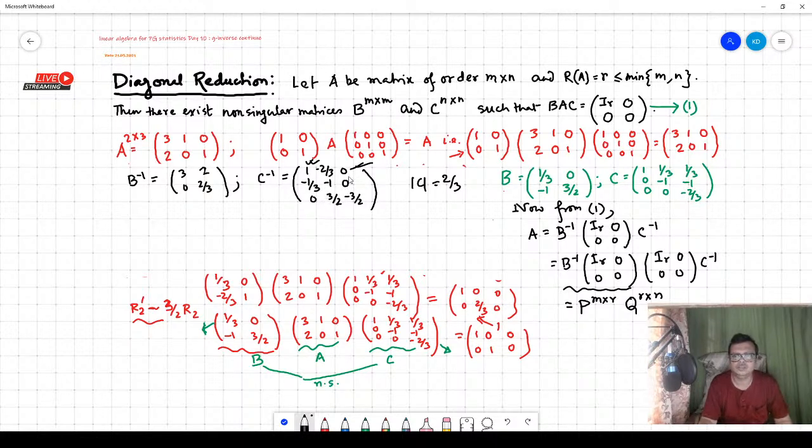Now the second row. So for the second row, this is 0 minus 2/3, 0, 2/3, 1. So this is the transpose.